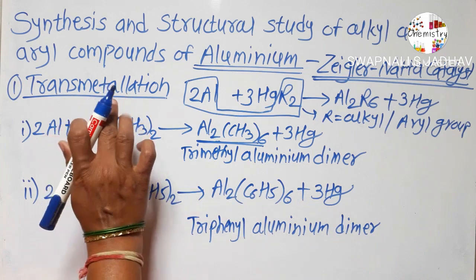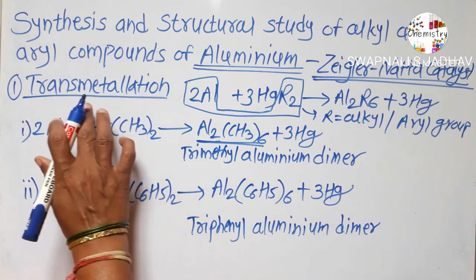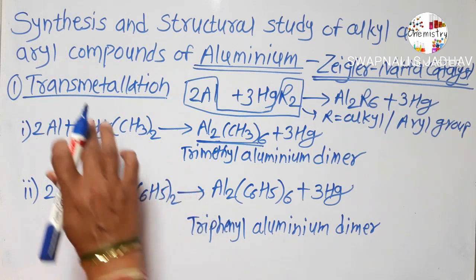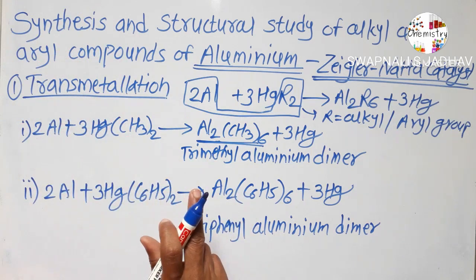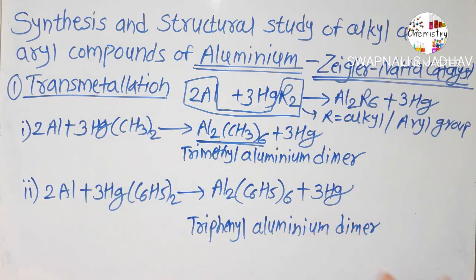This transmetallation process is similar to that for beryllium. In the last point we saw the transmetallation process for beryllium. The same thing applies to aluminium.